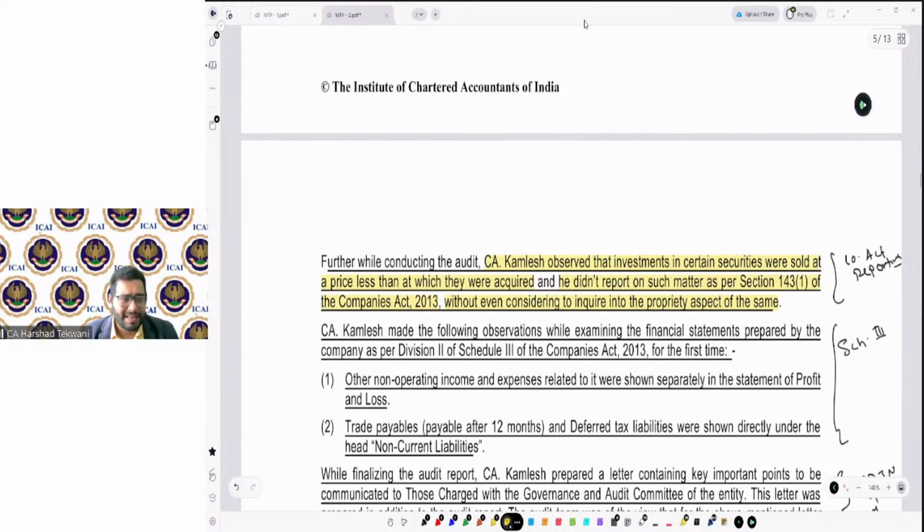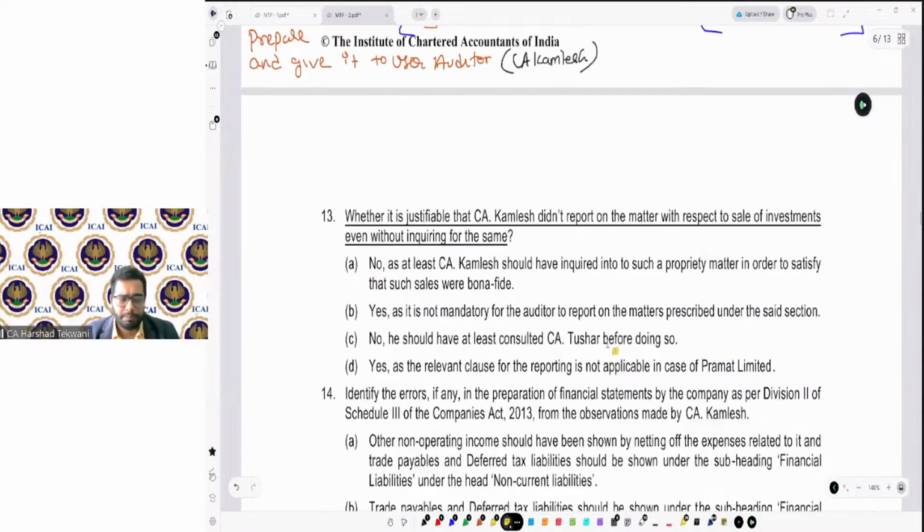See, the details are within the question itself. Do you think there is a requirement of reporting? So let's see the question here. So what would be the answer? Is there any requirement of the reporting? Whether it is justifiable that CA Kamlesh did not report the matter.